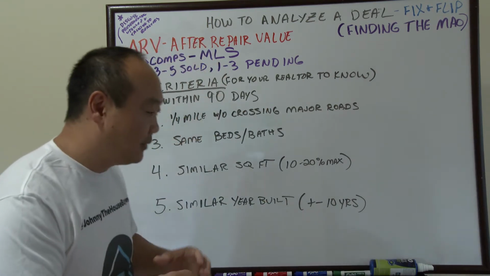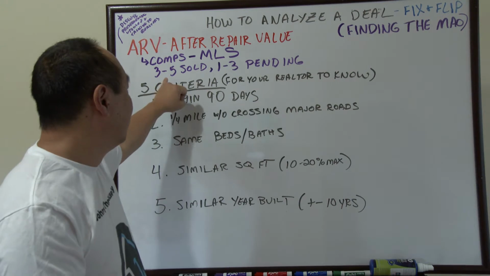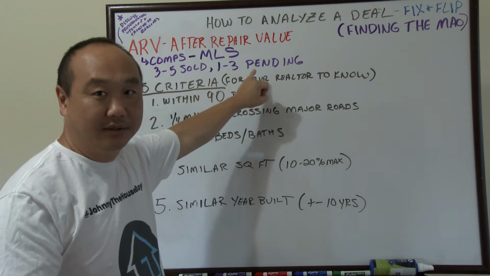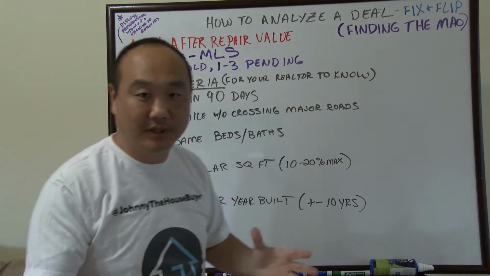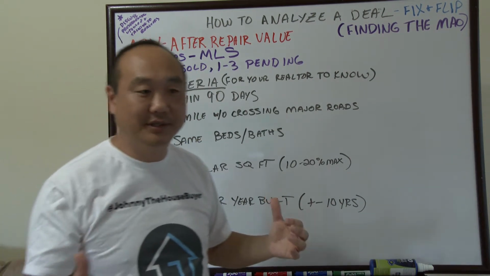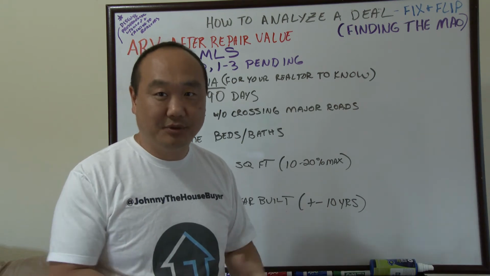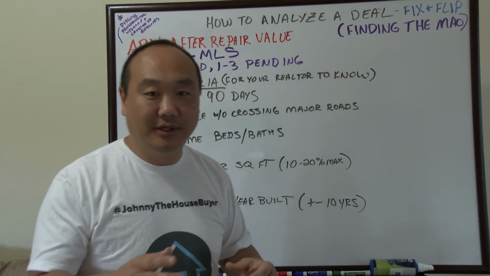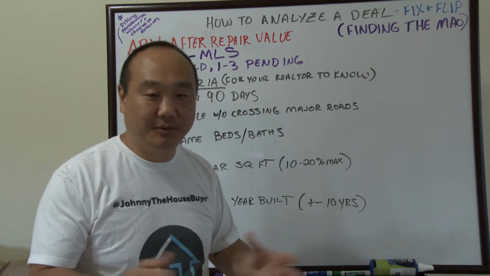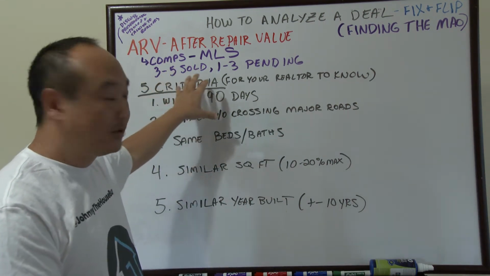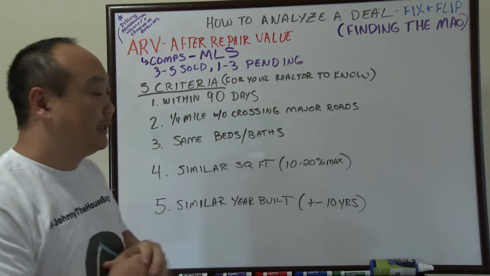So we want to get 3 to 5 sold comps and 1 to 3 pending, if possible. Okay, right now in Dallas-Fort Worth, super hot market, so it's not too hard to get comps in a particular neighborhood. Okay, so 3 to 5 sold, 1 to 3 pending.